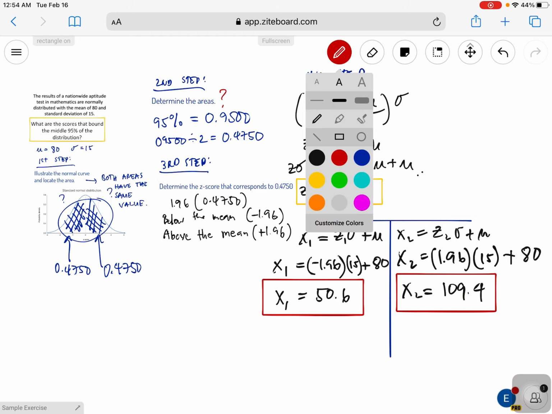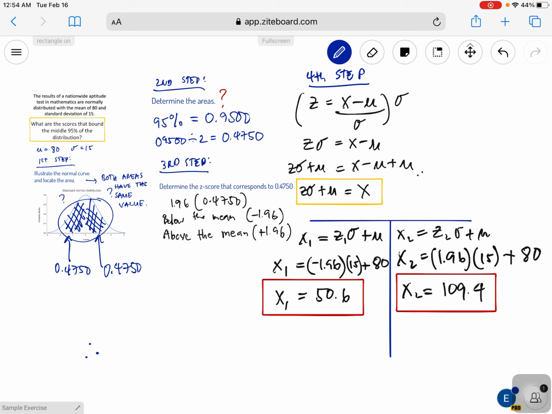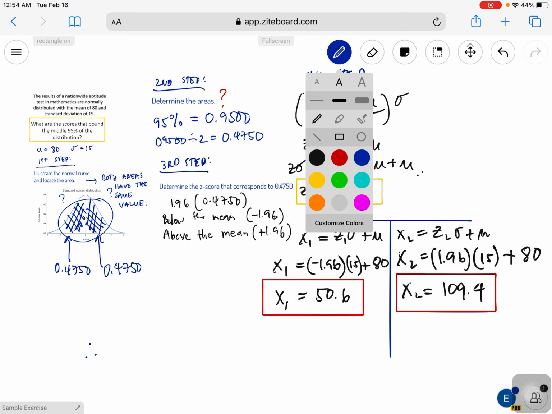So let's write our answer and complete thought.